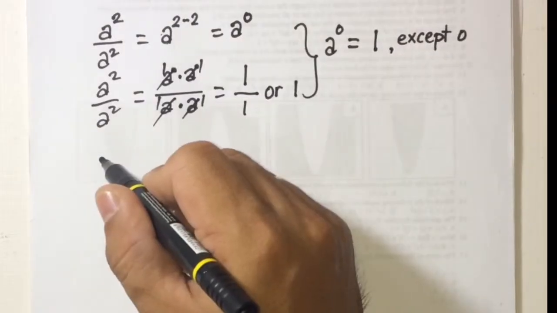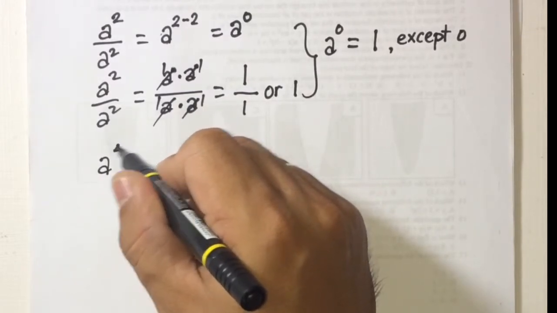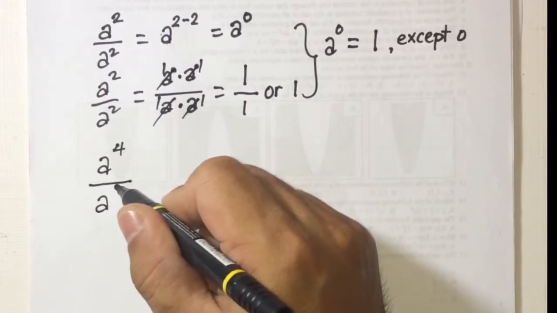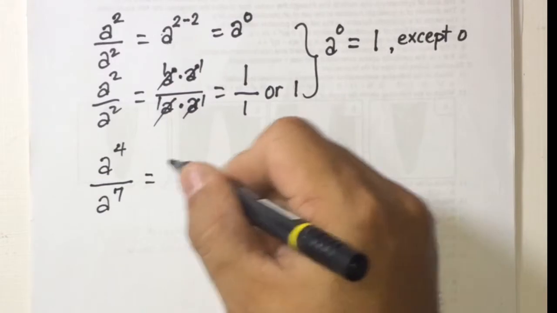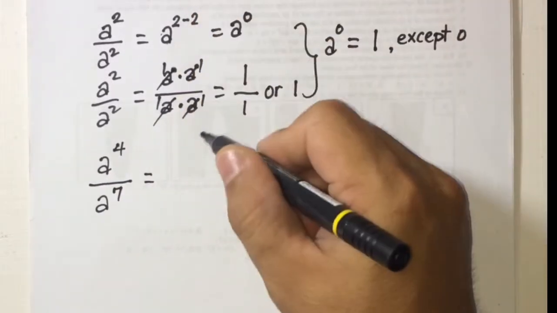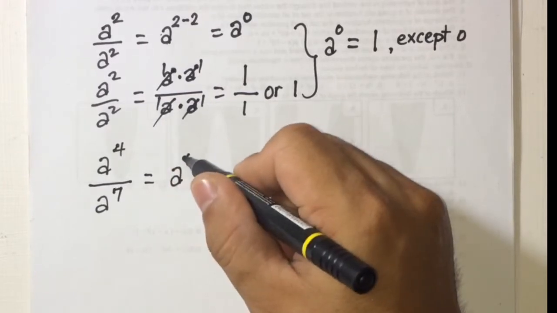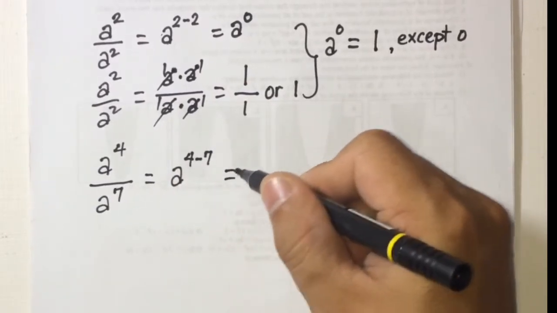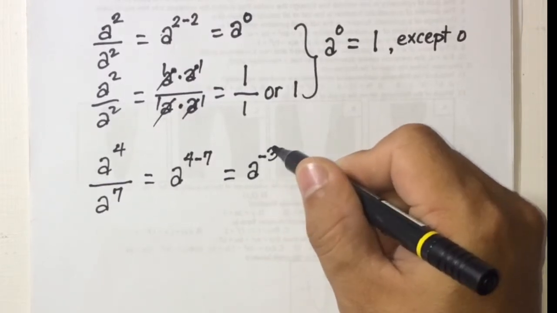This, for example, if we're going to have a to the power of 4 over a to the power of, let's have 7. So following that one, this will become copy the base a, then subtract the exponents 4 minus 7, and this will result to a to the power of negative 3.